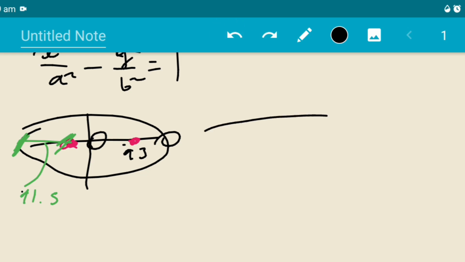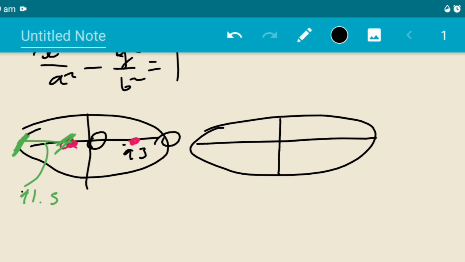Let's take note of this. This is the focus, this is the focus. The c is the distance from the center up until here. But we've been told the shortest distance, which is the perihelion. It is 91.5. We've also been told that the mean distance, the distance from the center up until the vertex there, is 93 million.